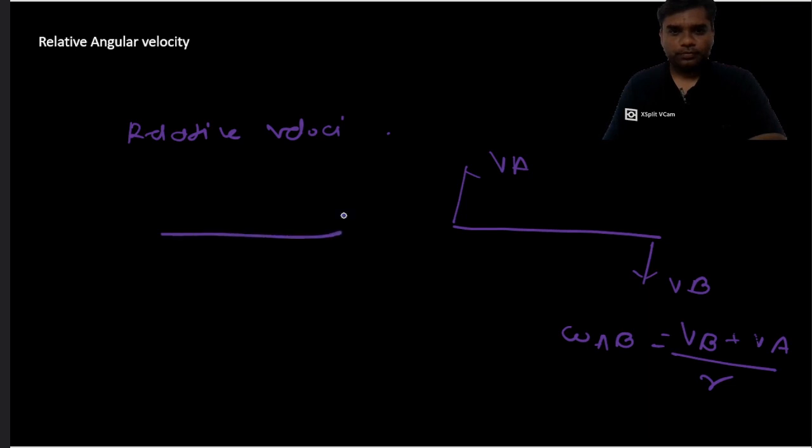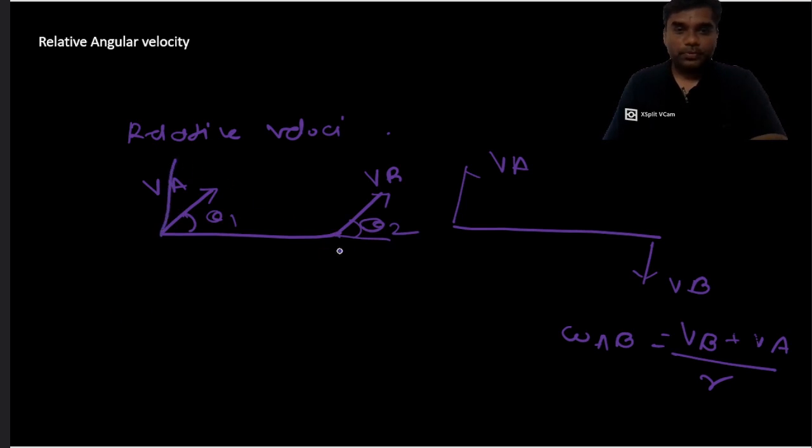Suppose this is the vector va and this is the vector vb, having angle theta 1 and angle theta 2. So we have to find the perpendicular component of these velocities.